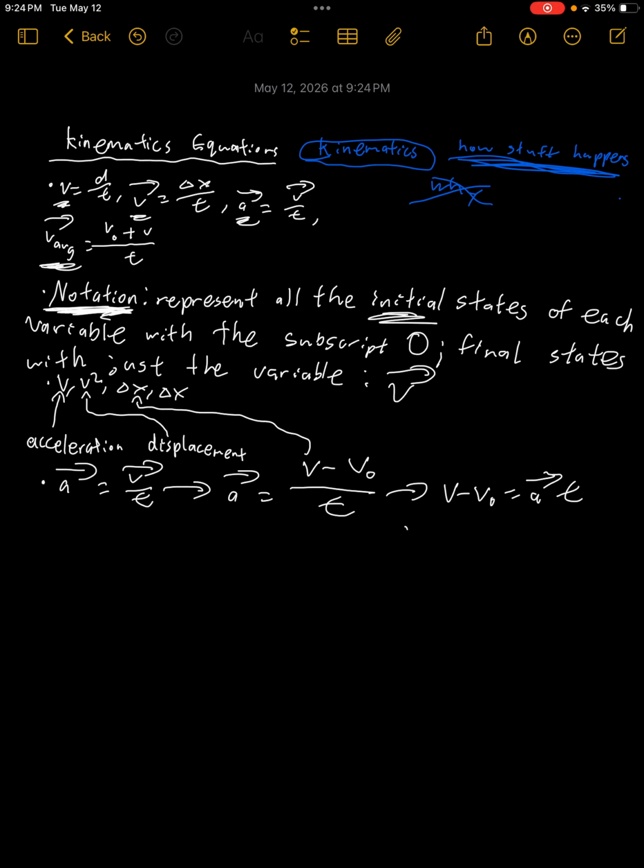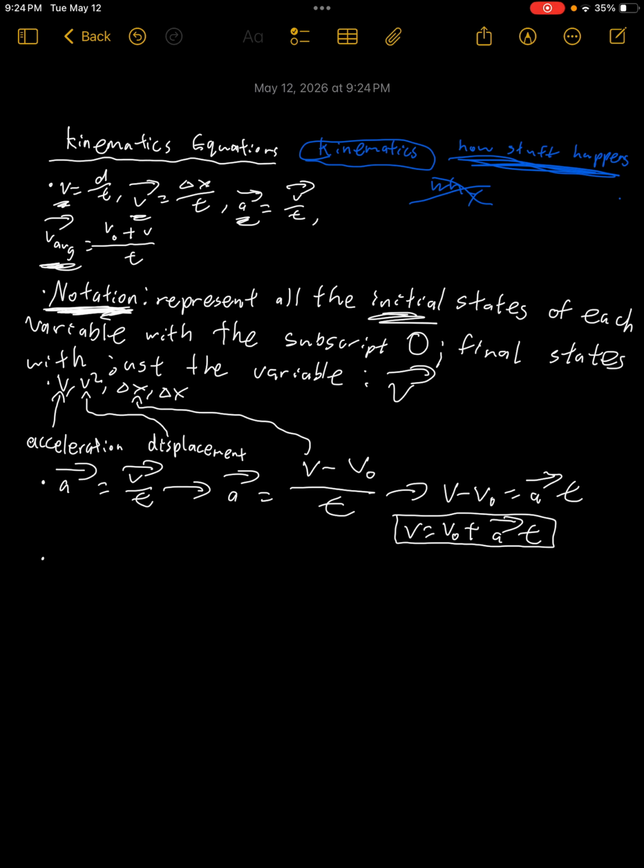That gives v equals v0 plus acceleration times time, or final velocity equals the initial velocity plus the product of the acceleration and elapsed time. This final equation we got is our first kinematic equation. Now let's move on to the second one.